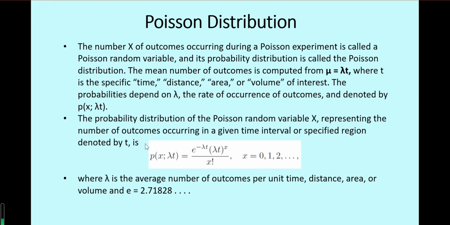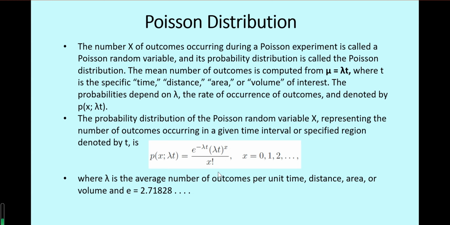The probability of a specific occurrence number x in this time period, for example 3 hours, can be calculated as the division of two parts. The denominator is x factorial.